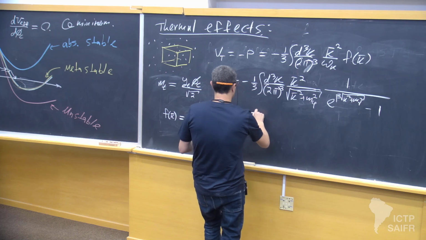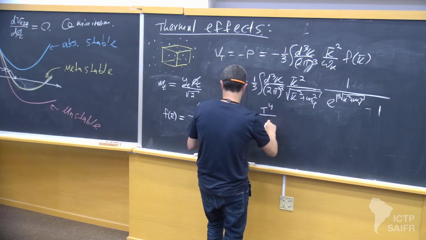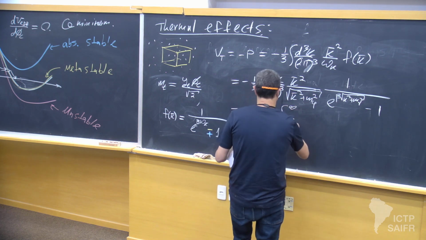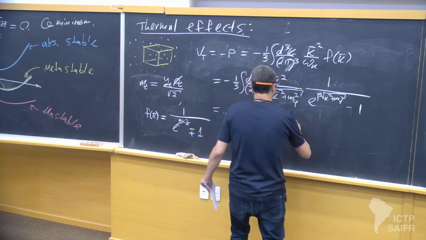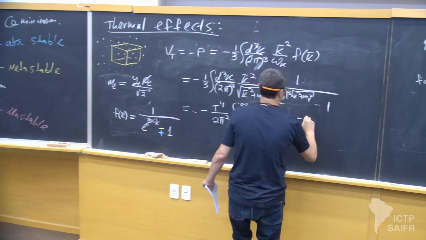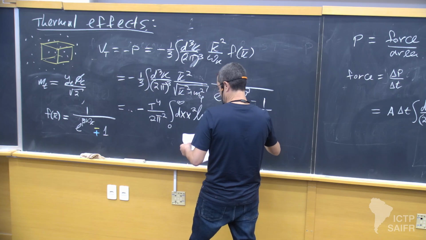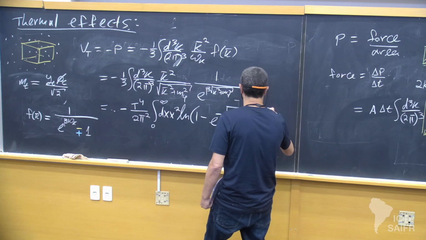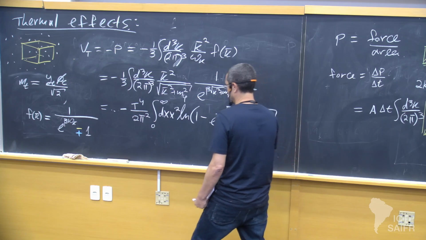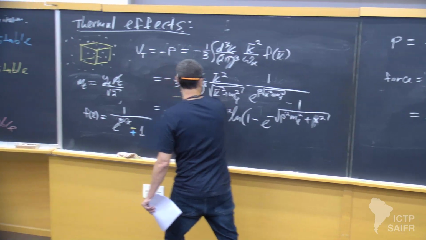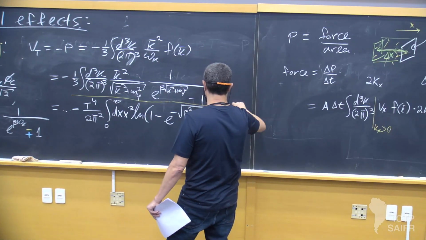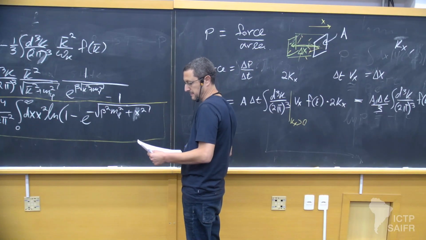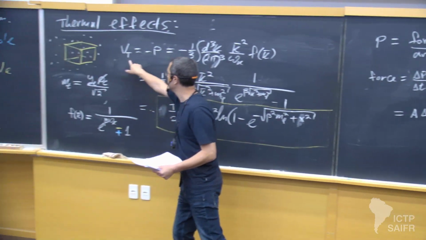This object is equal to minus T to the 4, integral of x squared. So if this stuff kind of stands together, let me split things. Here we go. Without the minus, because I did V, which is minus P.